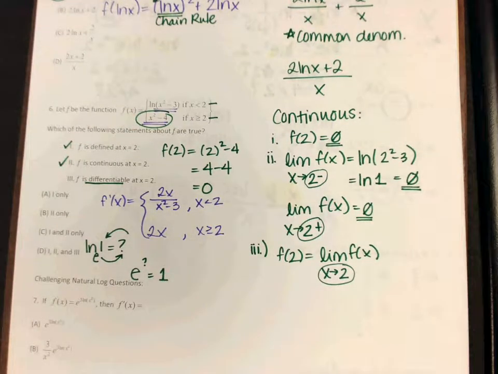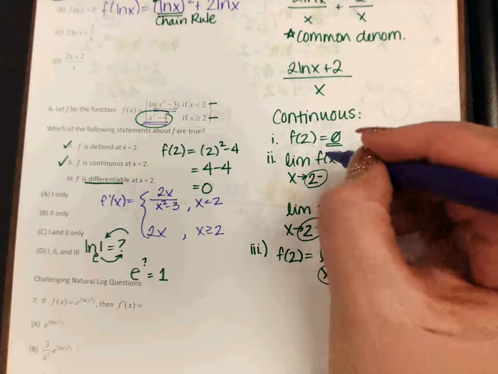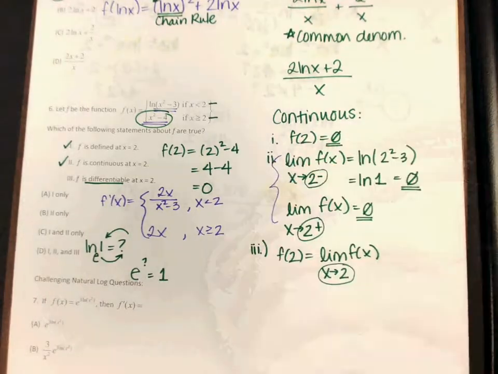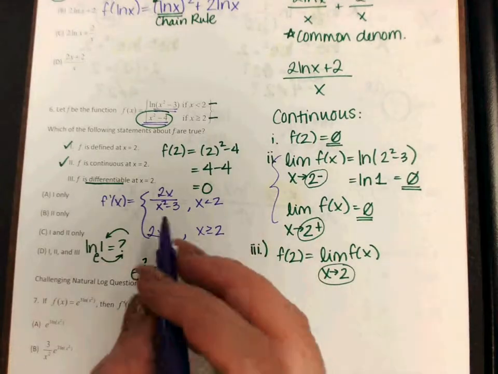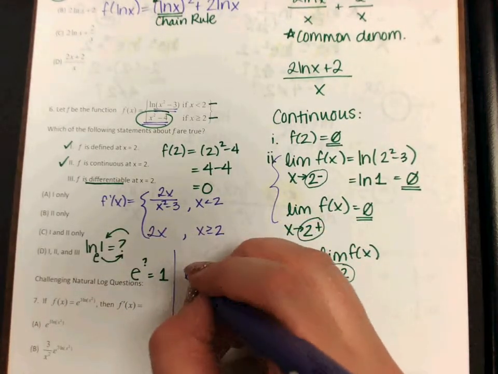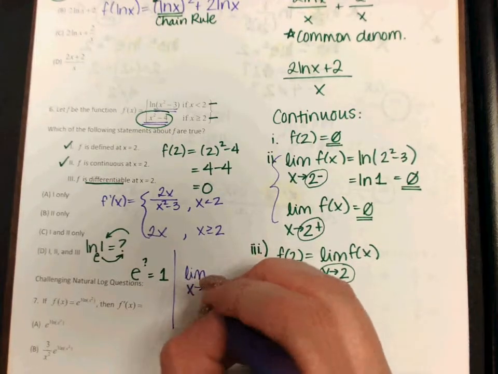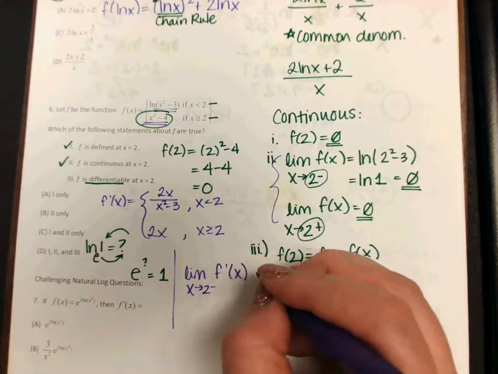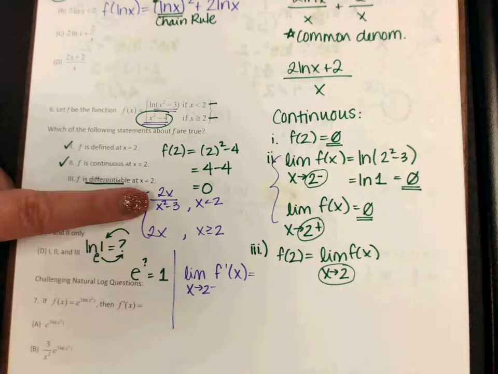Then from there, I would need to check the limits of the derivative, so kind of like I did here, but with f prime. So, pretend this isn't here. I'd find the limit as x approaches 2 from the left of f prime of x, and I'd be plugging into this.